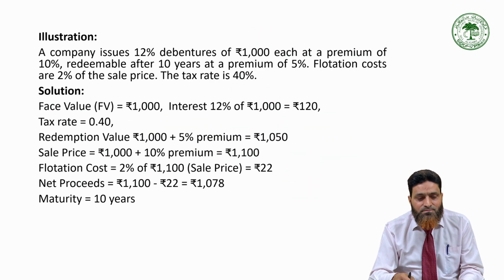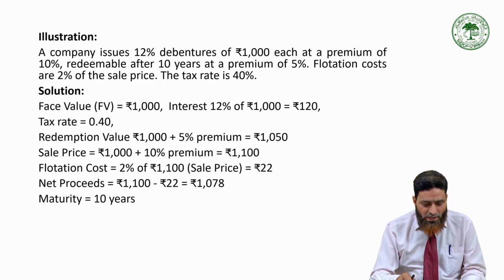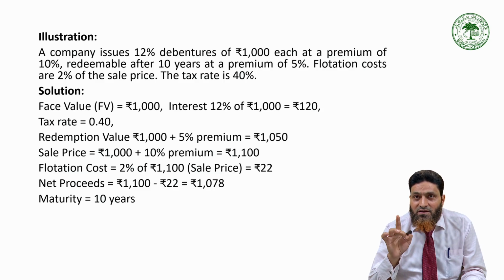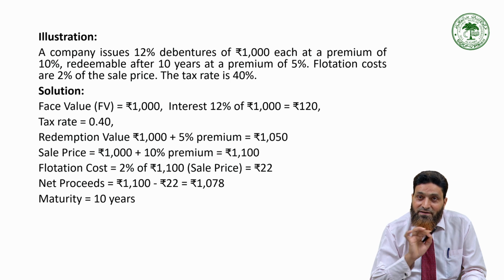This is another question. Company issues 12% debentures of 1000 each. You have to find how much is the net proceed and how much is the redemption value at the time of maturity. The difference of that you will consider apart from annual interest cost.